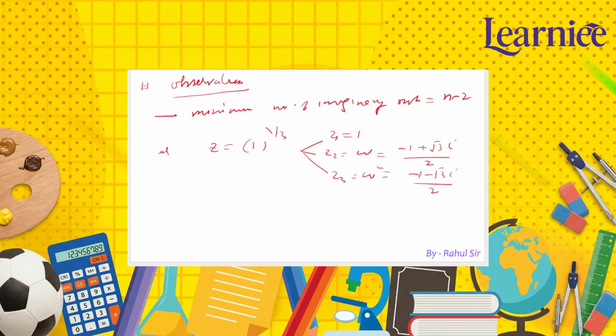Okay. So here we have two imaginary roots. The minimum number of imaginary roots is n minus 2. So n is 3, so n minus 2 is 1. So minimum 1 should be there. Maximum possible is more, but minimum 1. So we say that we have a minimum of 1 imaginary root. Got it? That is just an observation.